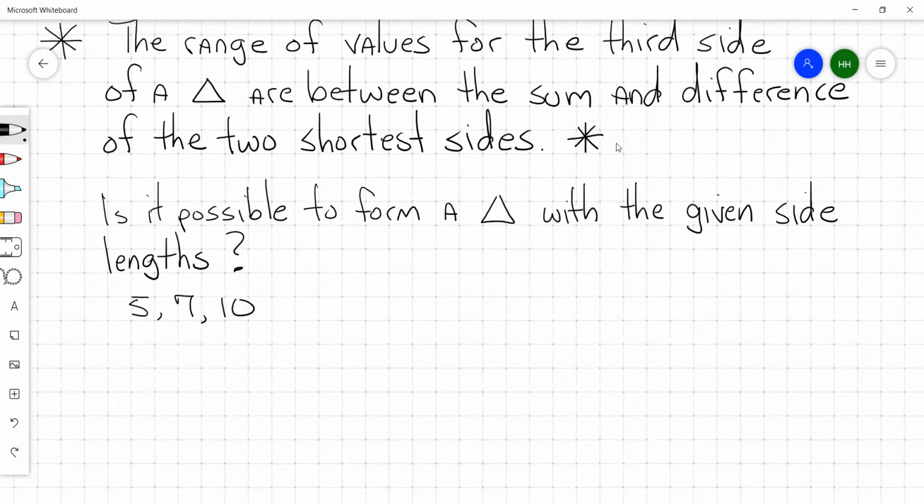What you do is you take the two shortest sides. You add them together, and then you subtract them. And those two numbers are the range of values for the third side of the triangle. So the 5 and the 7 are the shortest sides, so we take 5 plus 7, and that equals 12. Then we take 7 minus 5, and that equals 2.